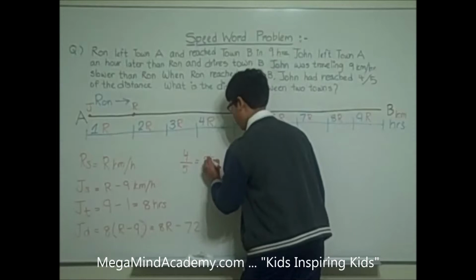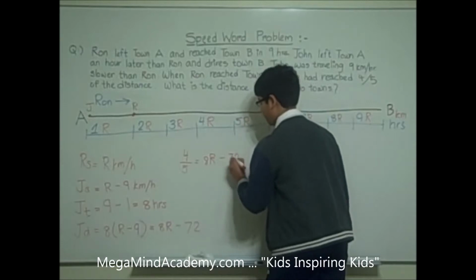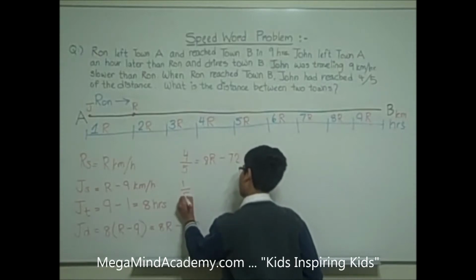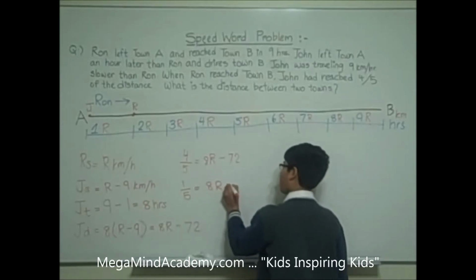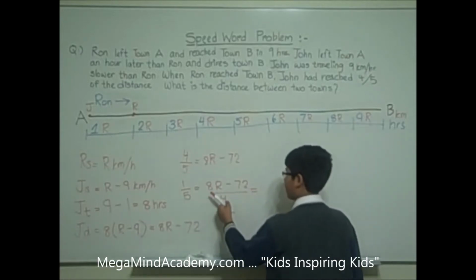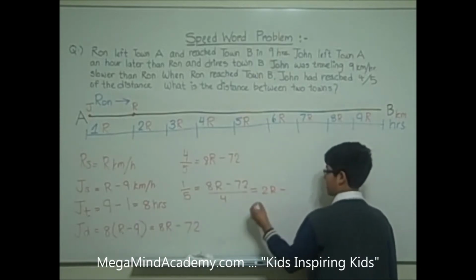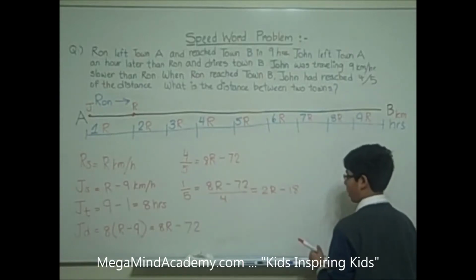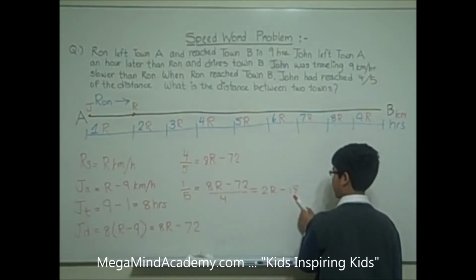Make this a capital R. So this means that 1/5 is equal to 8R minus 72 over 4, which is equal to 8R divided by 4 is 2R, minus 72 divided by 4 is 18. So 1/5 of the journey is equal to 2R minus 18.